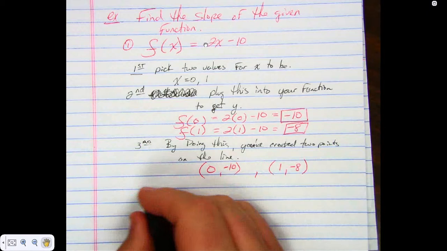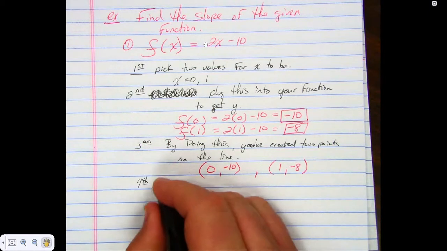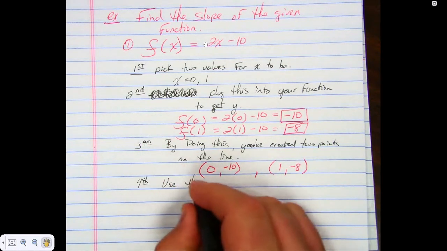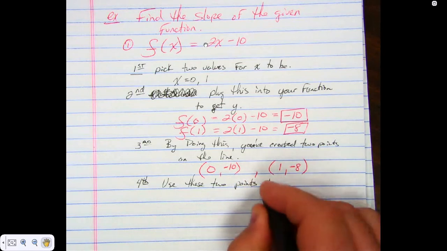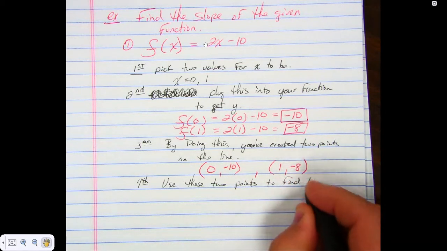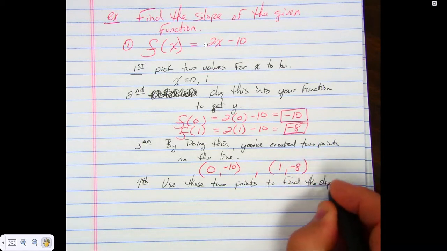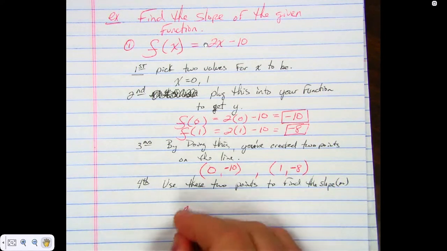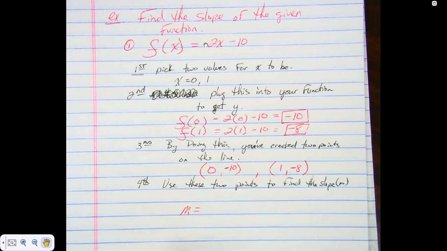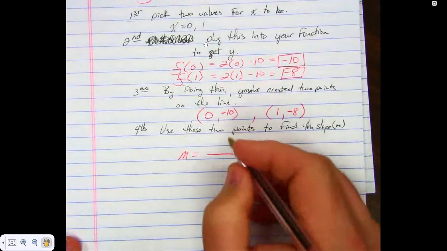The fourth thing, use these 2 points to find the slope. Subtract your y's. What are your y's?